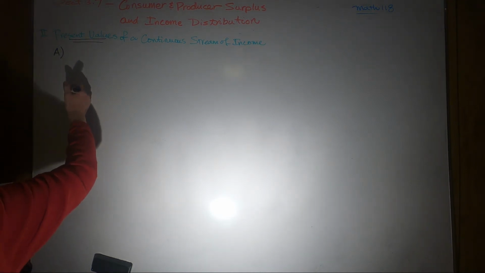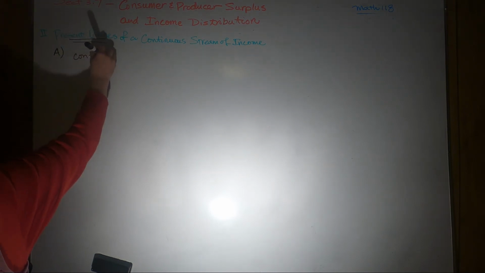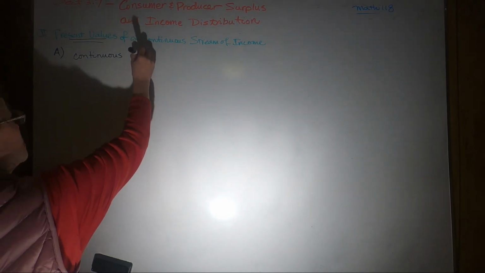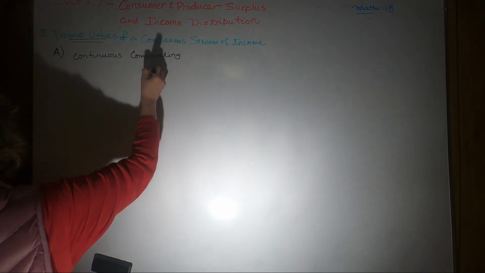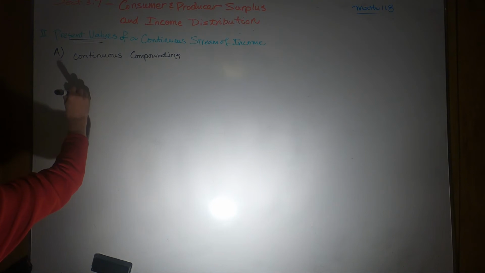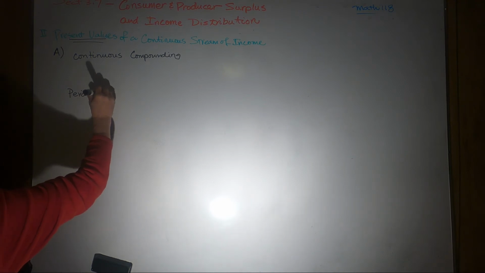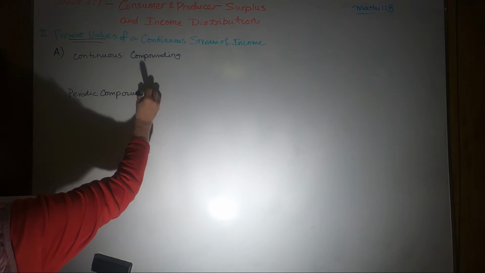So let's take a look. Because you put the money in, say, every year, we can do continuous compounding, or periodic compounding, right? Different formulas.